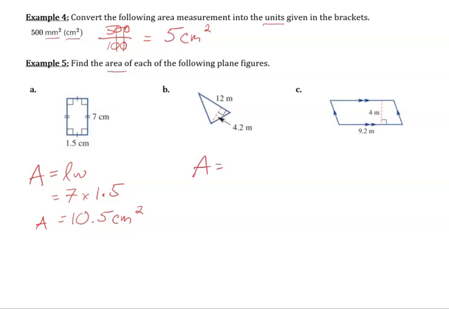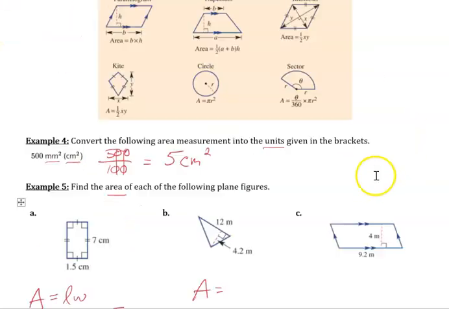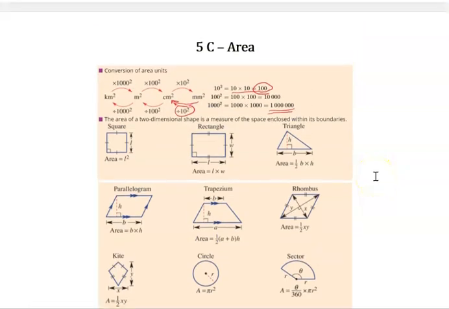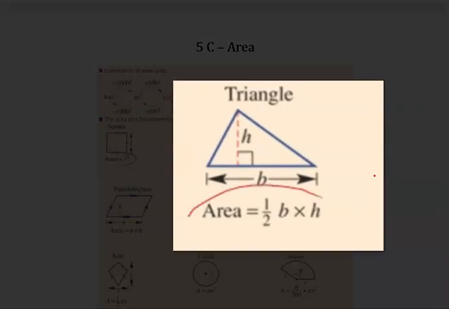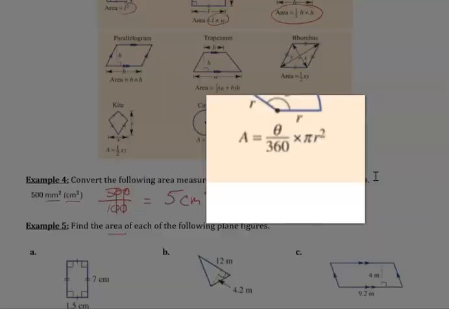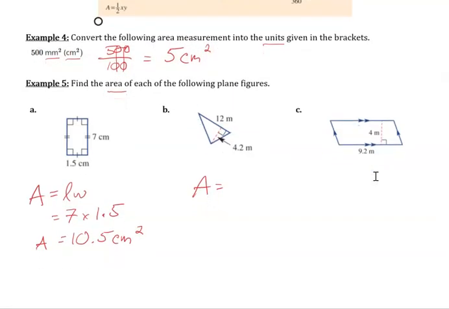So let's just remind ourselves about the area of a triangle. A square is side squared or length squared. A rectangle is length times width, and a triangle is 1/2 base times height. You could write 1/2 base times height, or you could write base times height over 2.